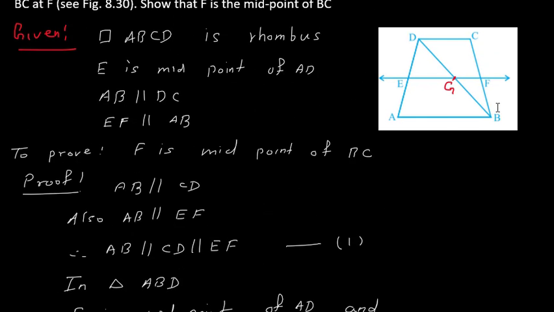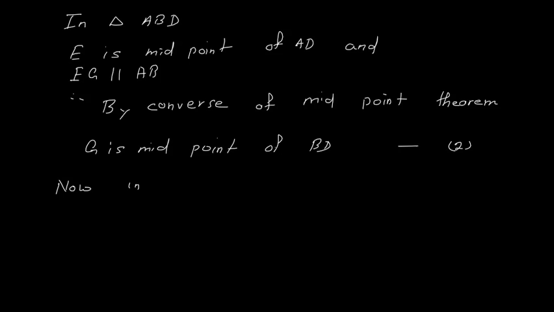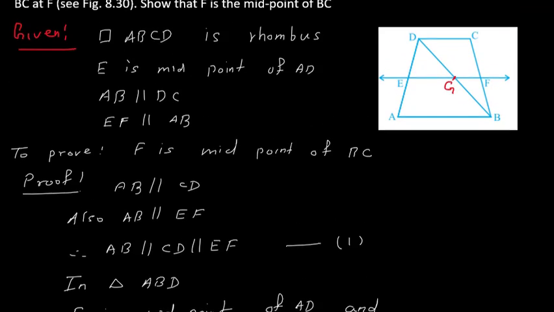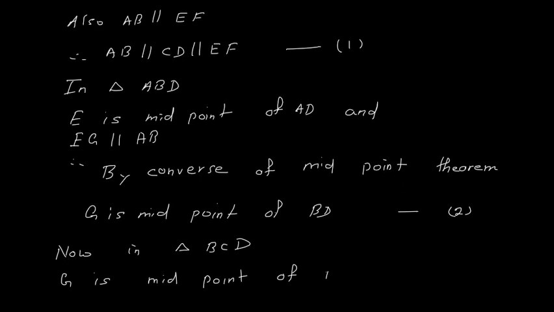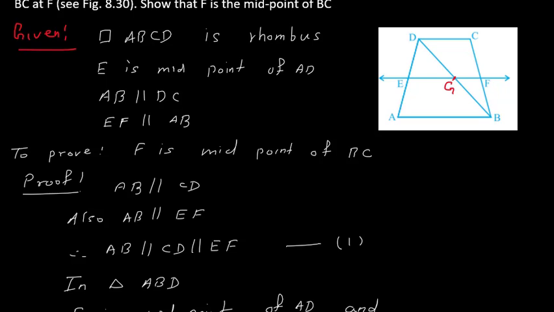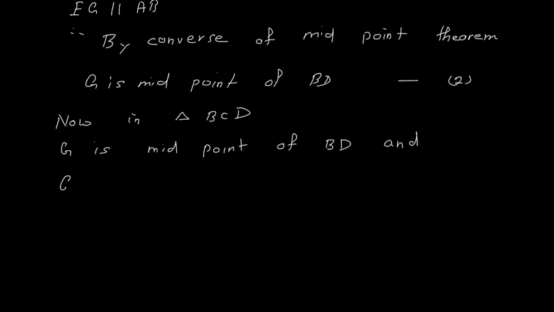Now we will take triangle BCD. In triangle BCD, G is the midpoint of BD, from 2, and GF is parallel to DC, from 1, which we have proved.